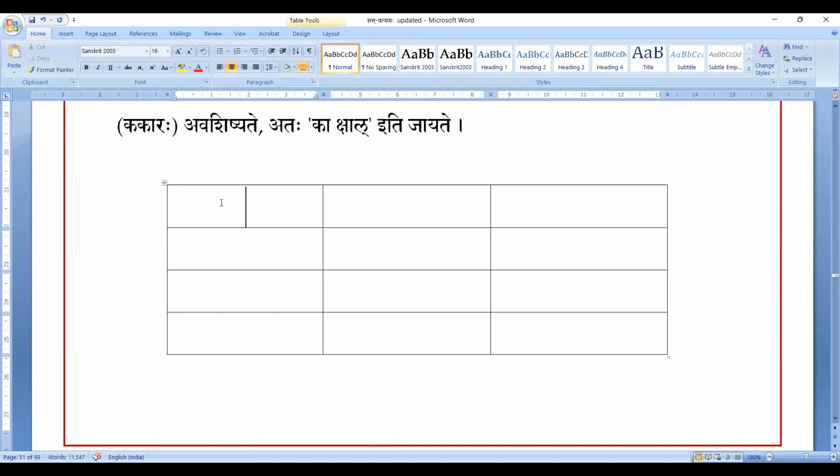Pat dhatu. Pat will become, Abhyasa Karya, pipatishati.